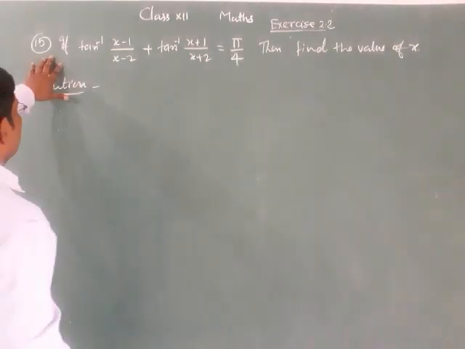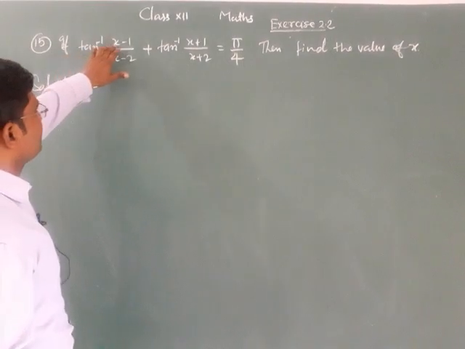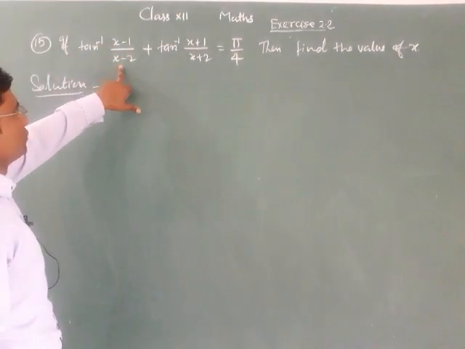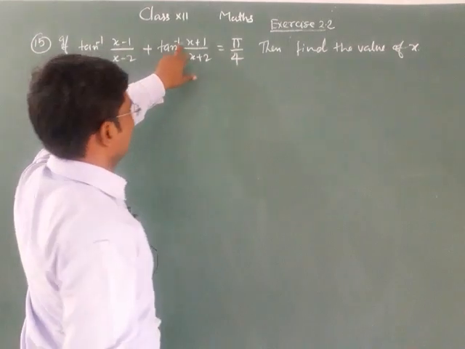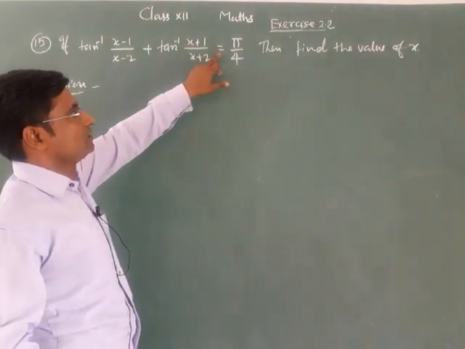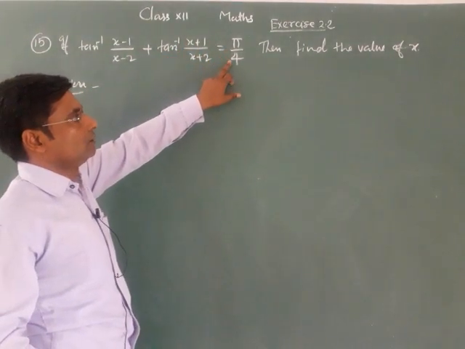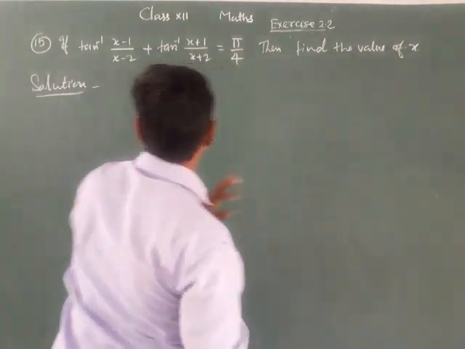Question number 15. If tan⁻¹((x−1)/(x−2)) + tan⁻¹((x+1)/(x+2)) is equal to π/4, then find the value of x.